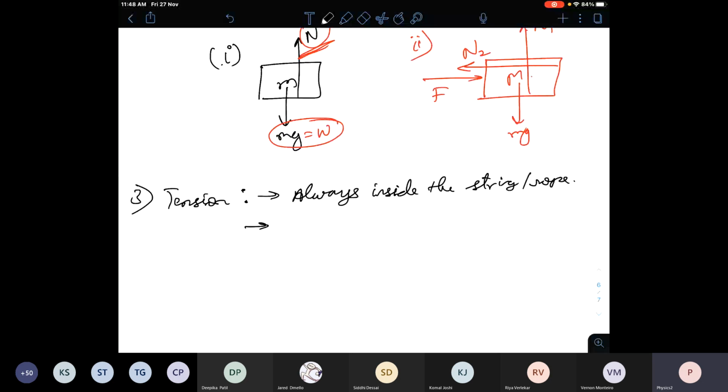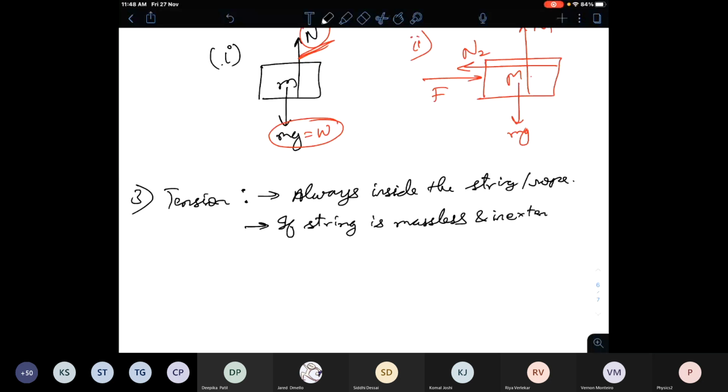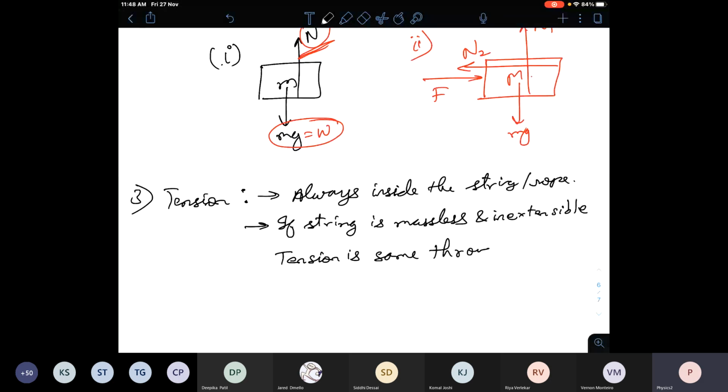The second thing is that if the string is massless and inextensible, tension is the same throughout the string. So first of all, what is meant by massless?